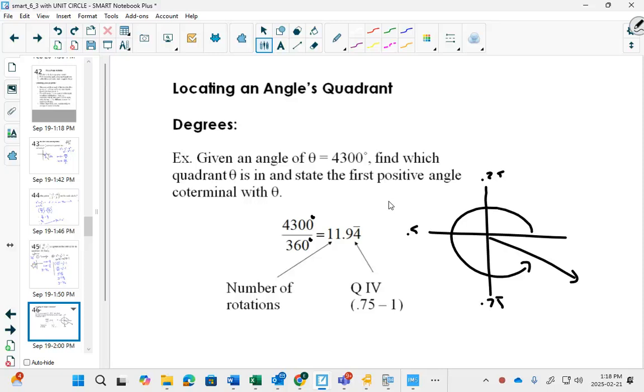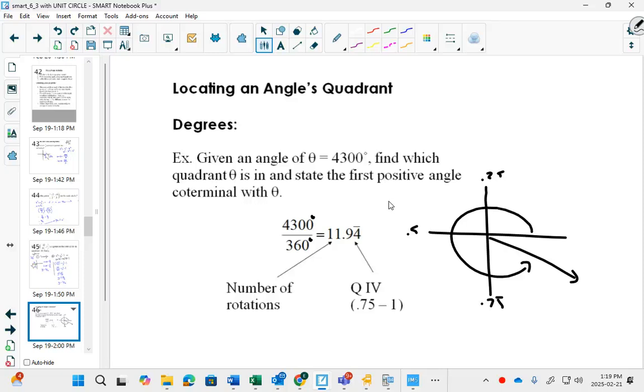But most often we don't have a calculator, so we have to figure out some strategies for how to find out where something is. Now, does it make sense that if you had 4,300 degrees and you subtracted 360 degrees, which is once around, then that would get you a coterminal angle, an angle that ends in the same place.